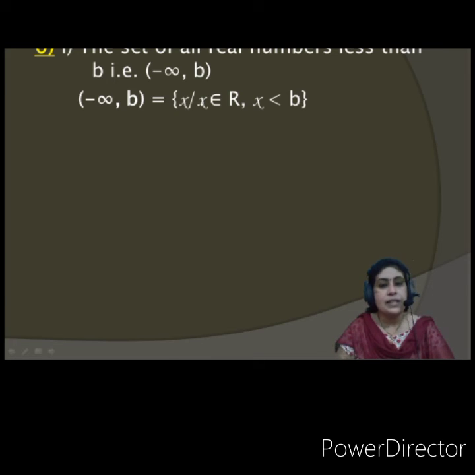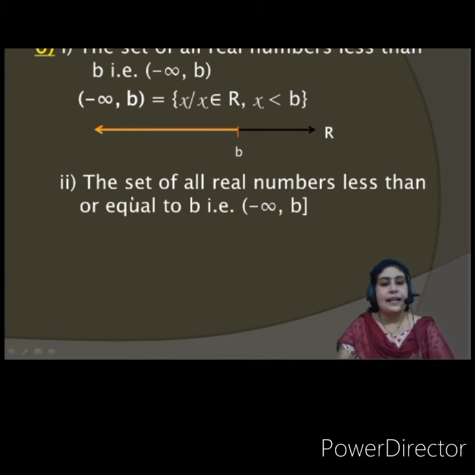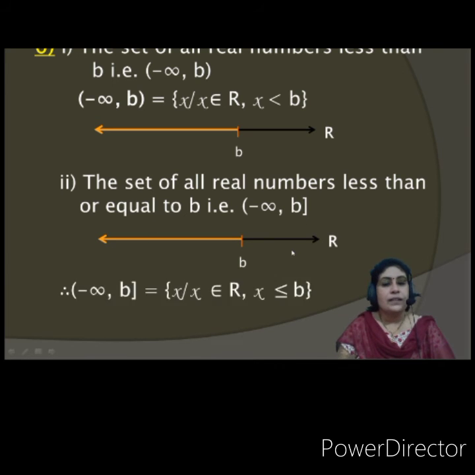It is the set of all such X such that X belongs to real numbers and X is less than B. And the set of all real numbers less than or equal to B will come in the closed bracket from one side. So this is the representation, and X such that X belongs to R, where X is less than or equal to B. I hope this is clear.